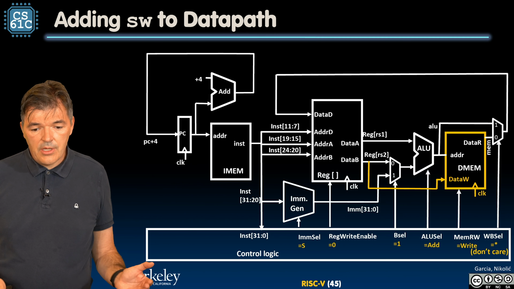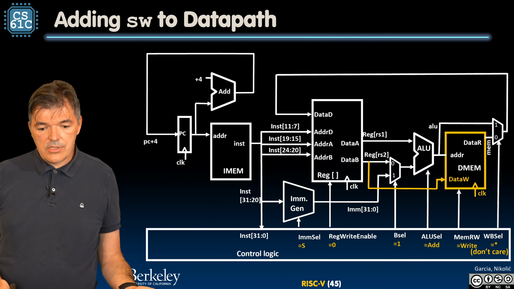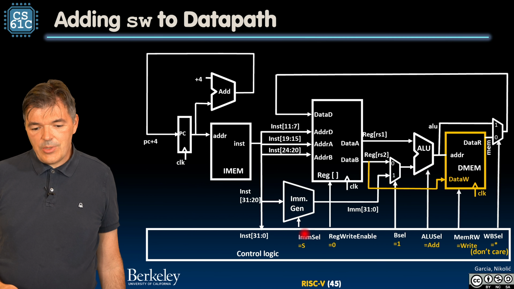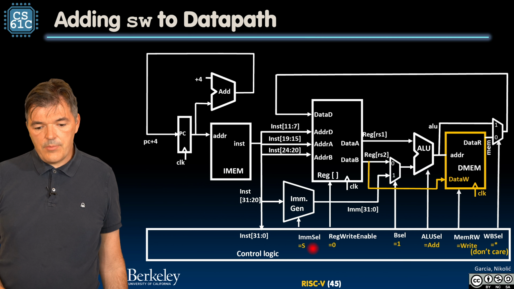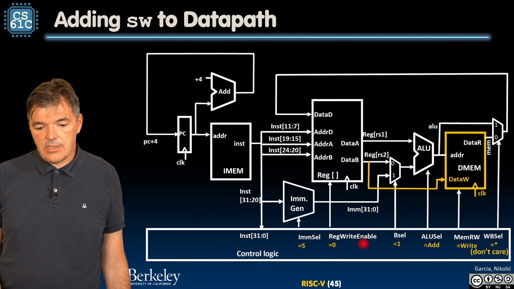So our data path now is very similar to what we have seen in the loads, with a few exceptions. Immediate select is going to select a new type of immediate, which is the S type. We are not writing back to the register file, so we are going to set the regwrite enable signal to 0.